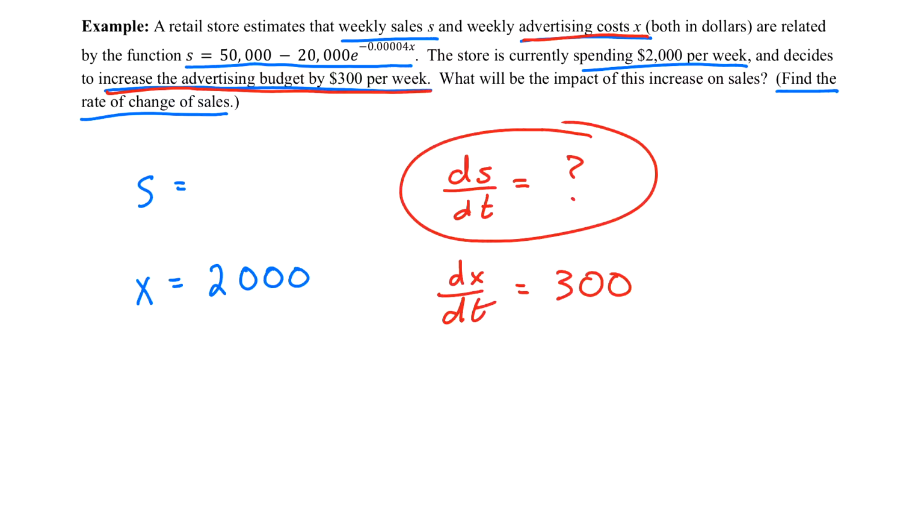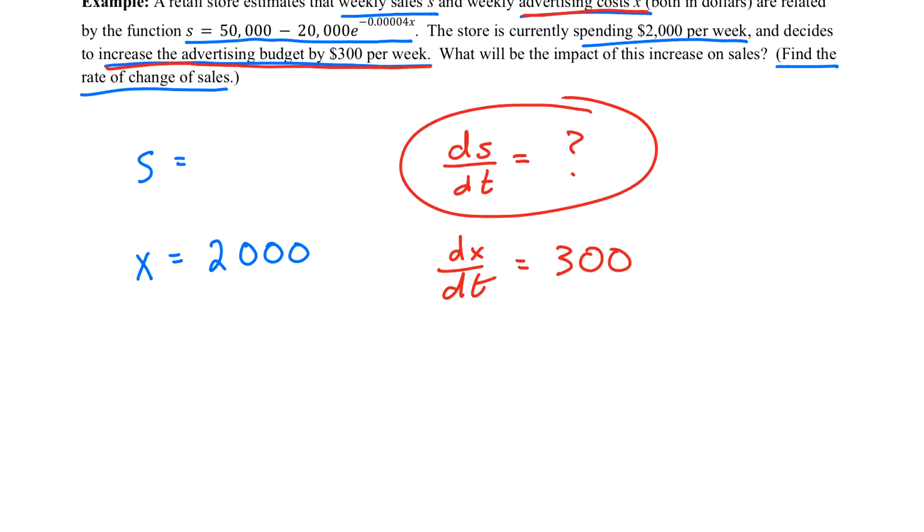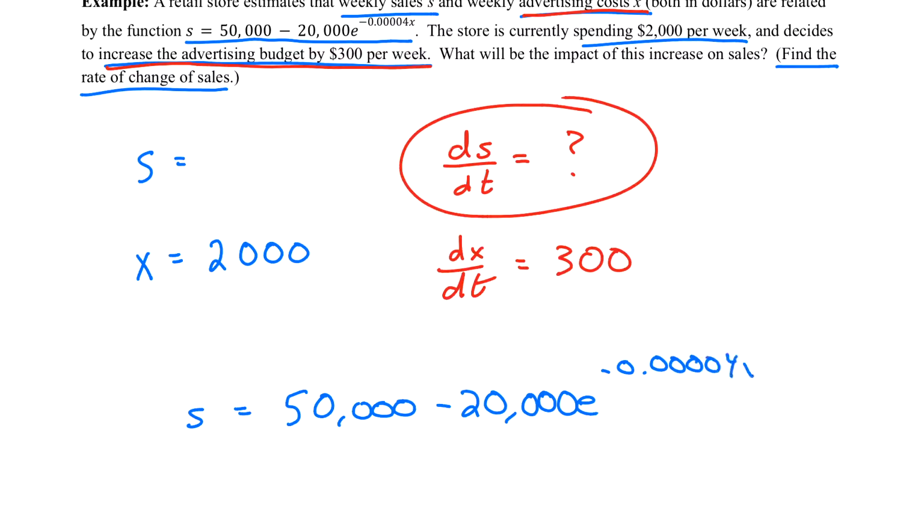Now notice here, we weren't given a value for S, our total weekly sales currently. And you could actually go and find that number if you wanted. You could use the equation that was given to us, S equals 50,000 minus 20,000 times e to the negative 0.00004x.